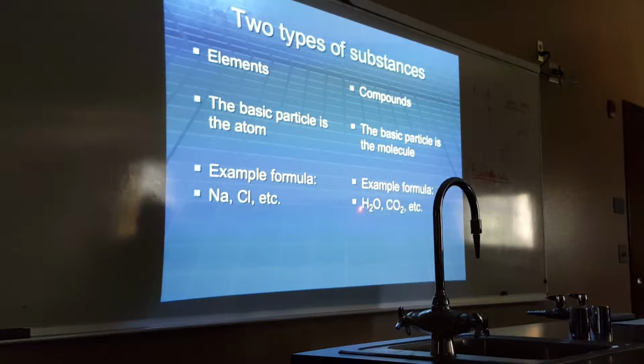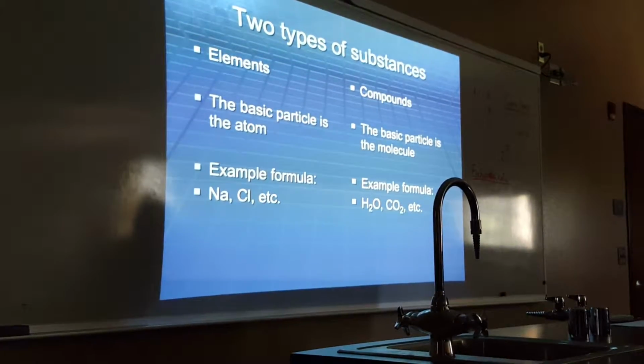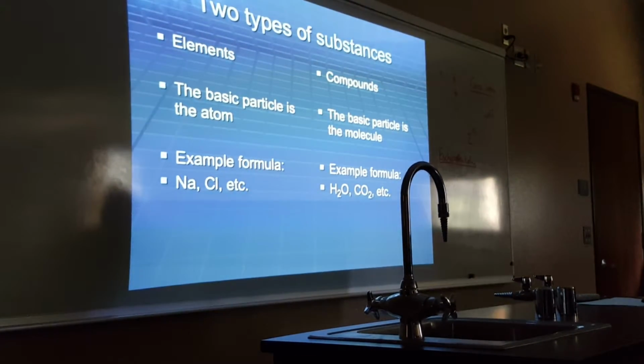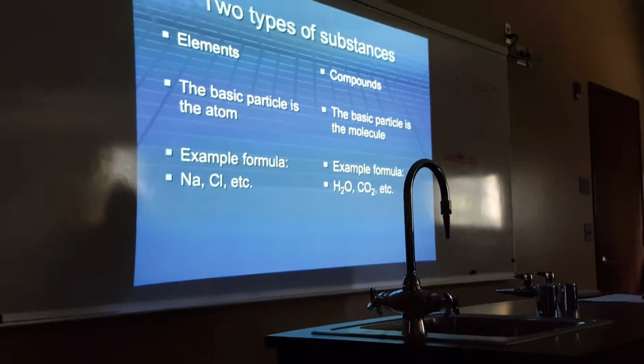And this is the formula for water, and it has 3 atoms in it: 2 hydrogens connected to 1 oxygen. And that's carbon dioxide, and that has 2 oxygens hooked onto 1 carbon. And if it's a bigger molecule, it'll have a longer, more convoluted formula. But you see kind of how the formulas work then.